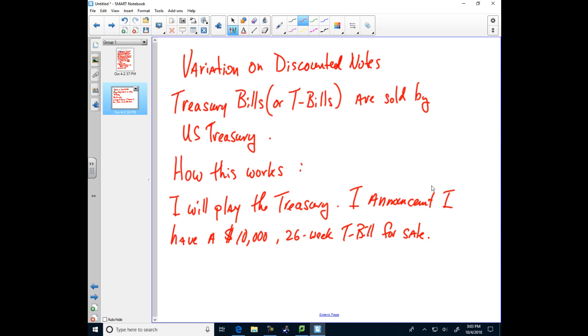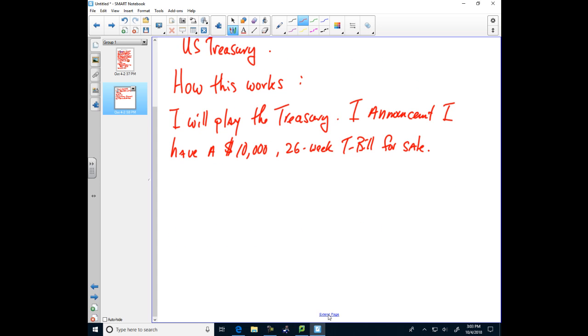So giving $10,000 for that is probably not your best plan, is it? I'm going to have to work at this, aren't I? So $10,000, no offers. As the Treasury, I'd say, well, anybody give me that?